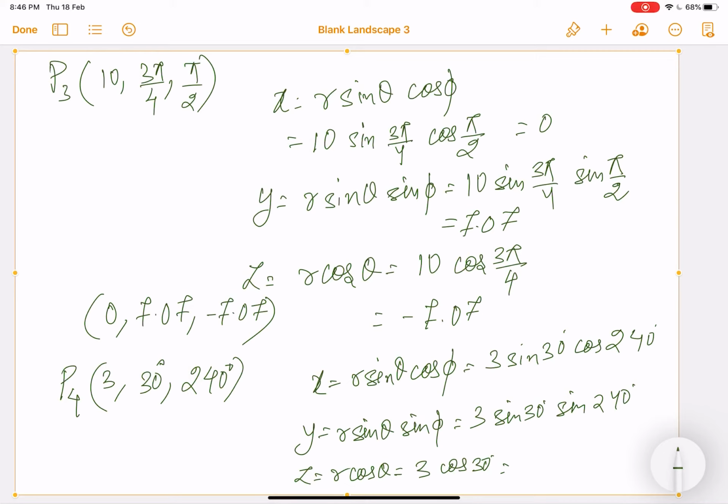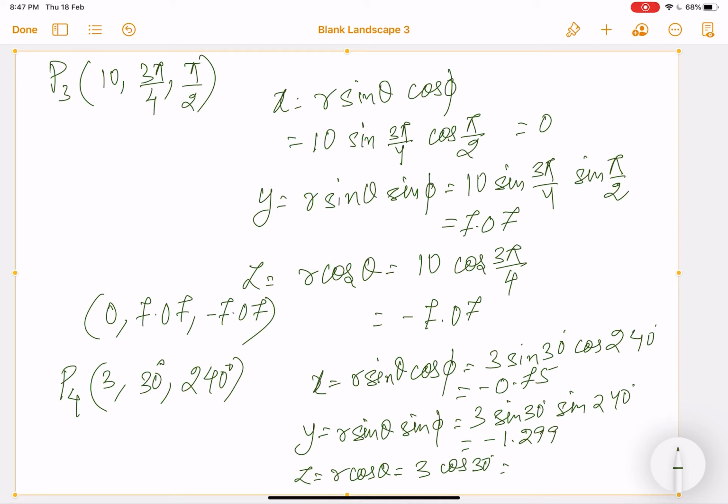So what is it that you're getting? First is 3 into sine 30 degrees into cos 240 degrees. This gives you minus 0.75. You guys also check whether you're getting this. Then minus 1.299.